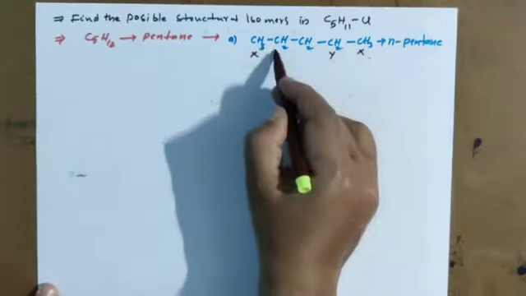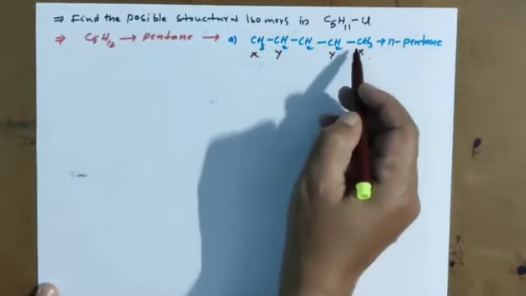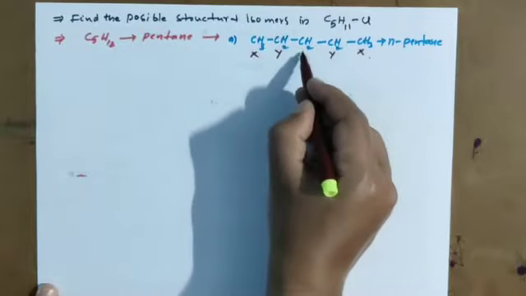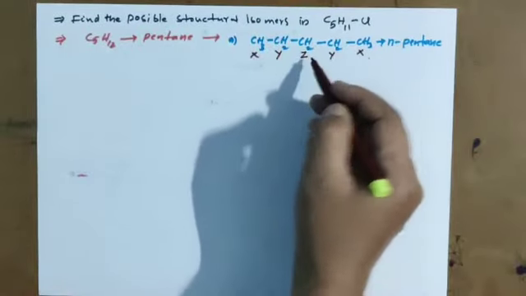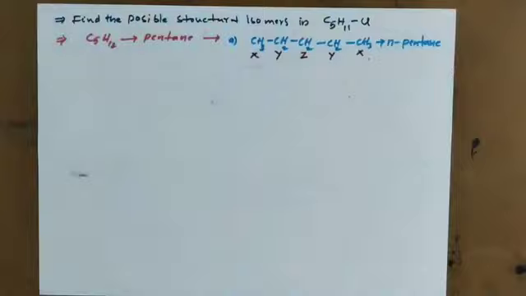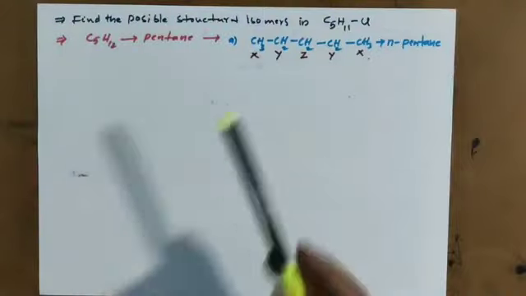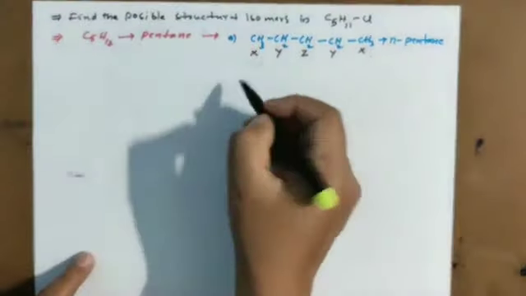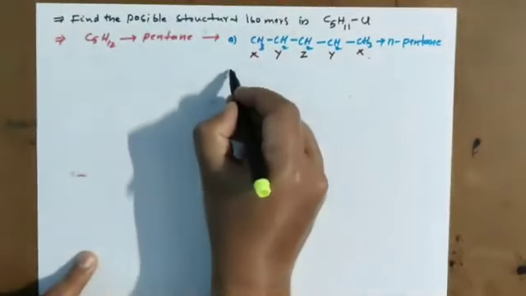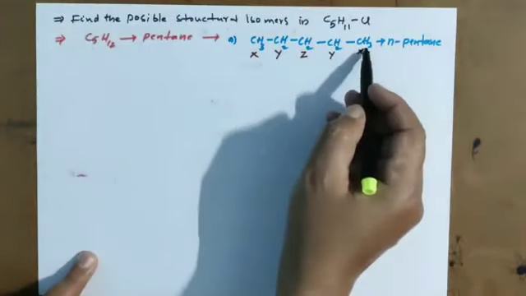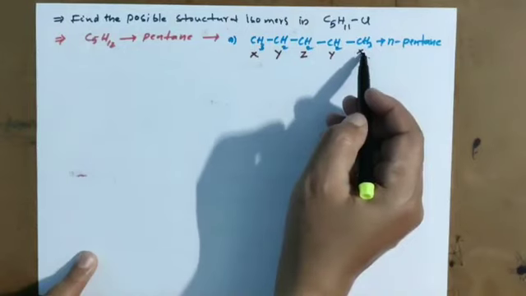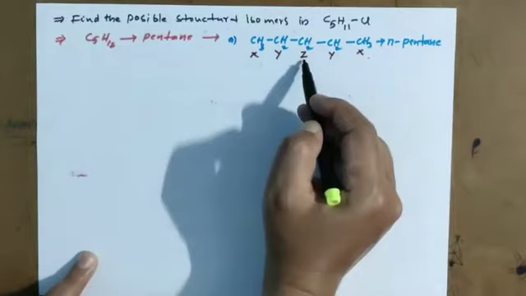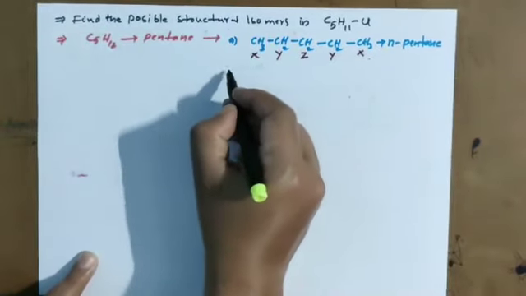So this is Y and this is also Y. And this carbon is different, this side 2, this side 2. So this is Z. So how many types of carbons are there in this chain? 3 types. That's why N-pentane can give, means from hydrogen, if you remove from here 1 isomer, from here 1 isomer, from here 1 isomer. I am showing that now.